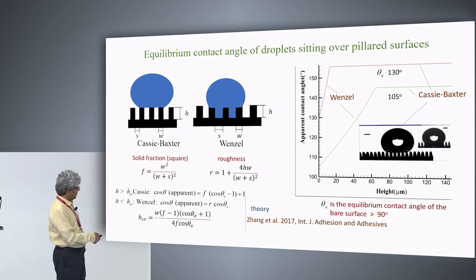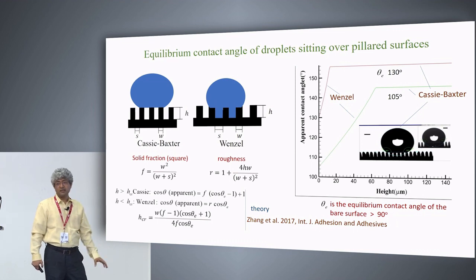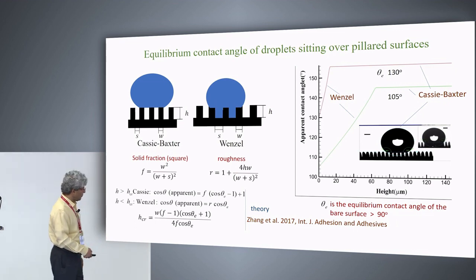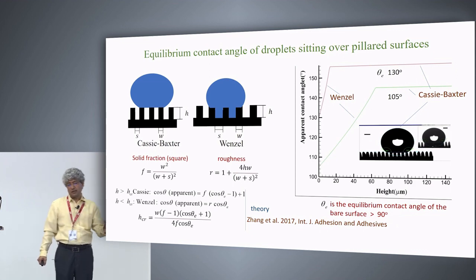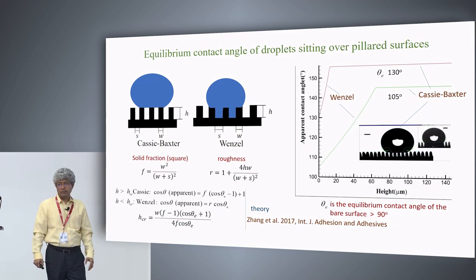So, but will that conclusion hold for pillared surfaces? That's what we are looking for. For chemically textured surfaces or coatings, that is certainly true. So if you do a little bit of analysis, it turns out that there is a critical height which depends on the equilibrium contact angle of the bare substrate.